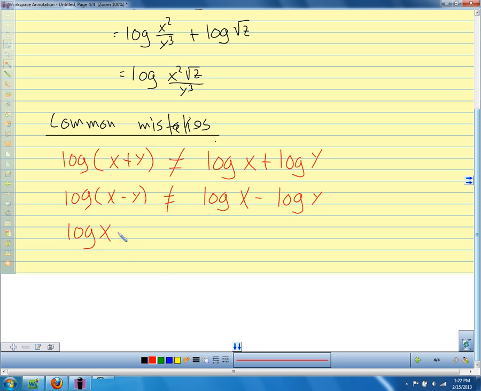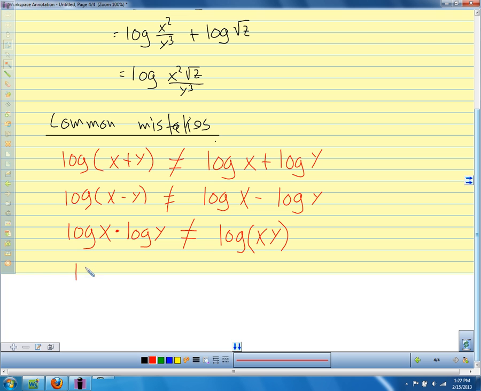Log of x times log of y does not equal log of x times y. We don't turn multiplication into multiplication.